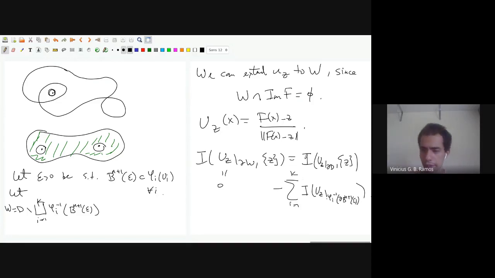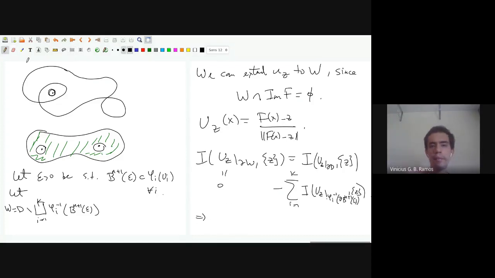And then by definition, this is just the degree of the function f. This is just the degree of this uz, and this is just the degree of this guy. So this is the winding number.